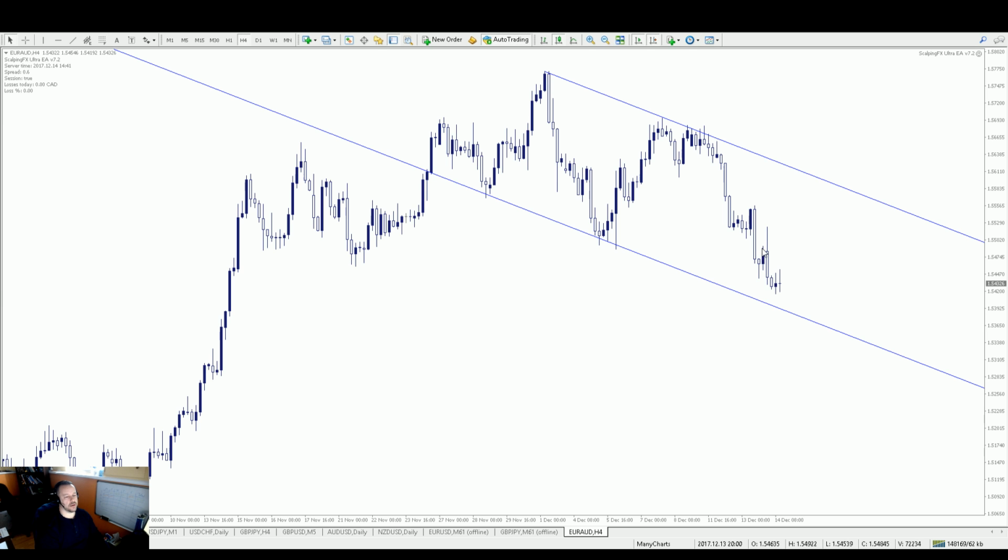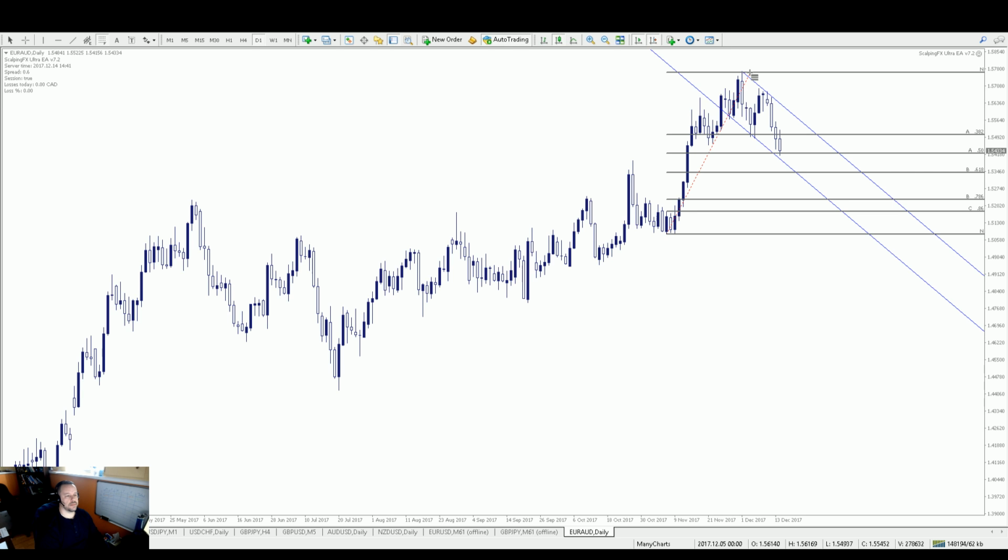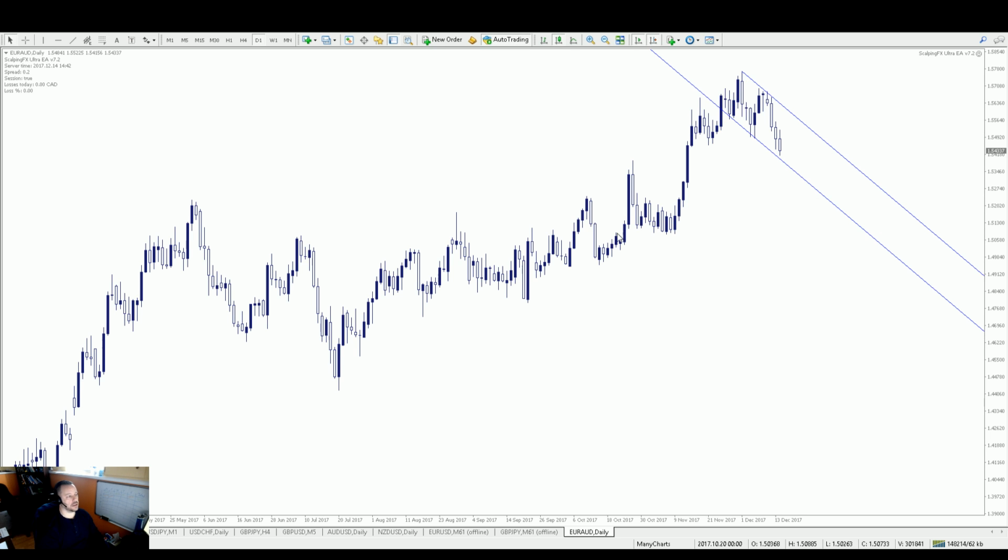I don't know if we can call it a false break, but I don't think it will go much lower than this. If we are on daily right now and I pull up the fib, we can possibly hit the 618 level. However, depending on this morning's interest rate news, technical analysis is not comparable to those fundamental news.